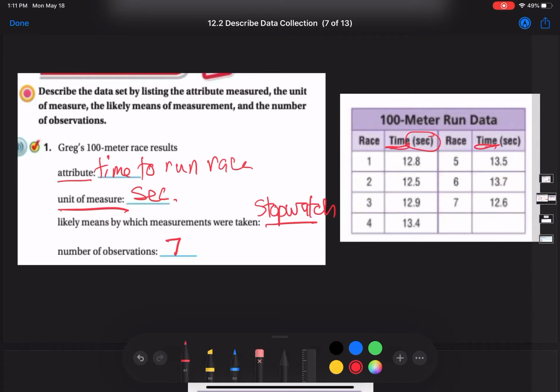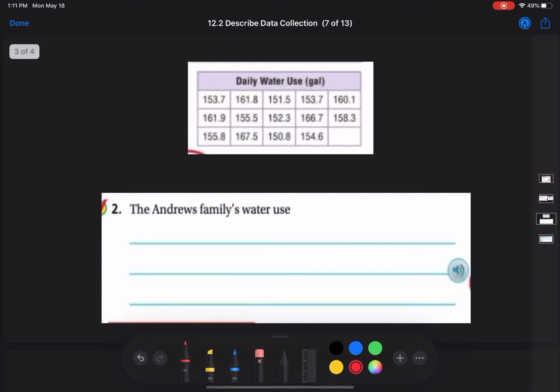So again, attribute, what is he measuring? The unit, in this case seconds. How did he probably do that? You could put down a watch, but a stopwatch would be a little more accurate. And then how many times did they observe it? 7 times. Okay, let's look at another one.